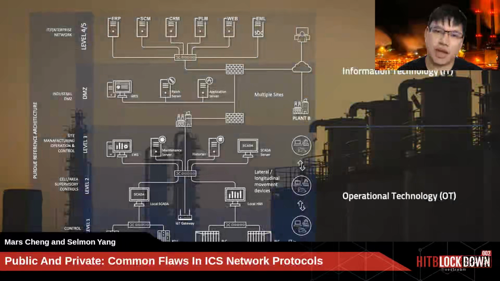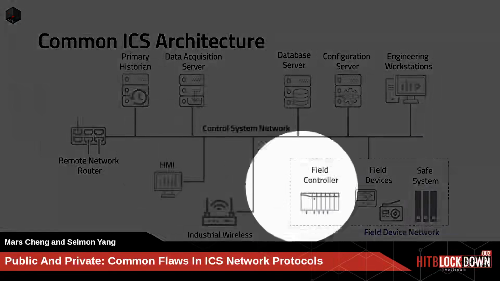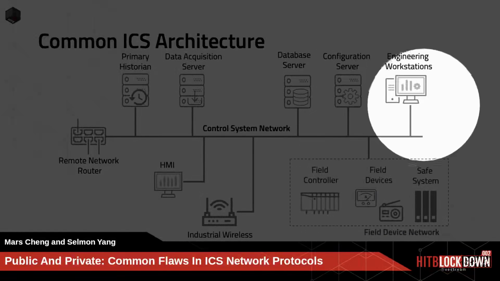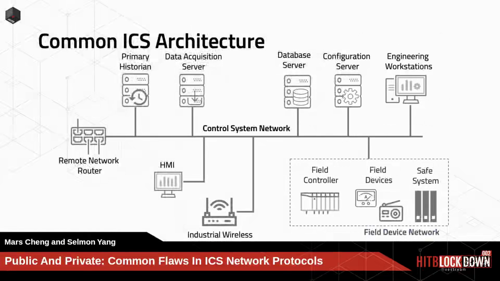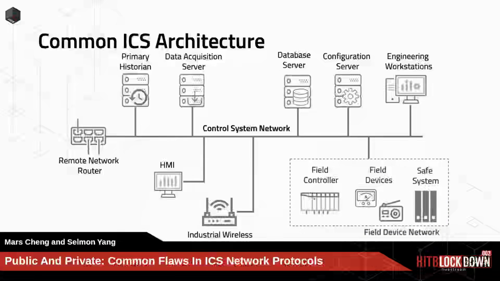If we dive into the ICS architecture, you will find this common ICS architecture. This slide shows the common ICS architecture. The composition of ICS contains HMI, field controllers, field devices, some safety systems, and servers and engineering workstations, which combine into a minimal ICS environment. HMI, usually called human machine interface, usually has 2 forms.